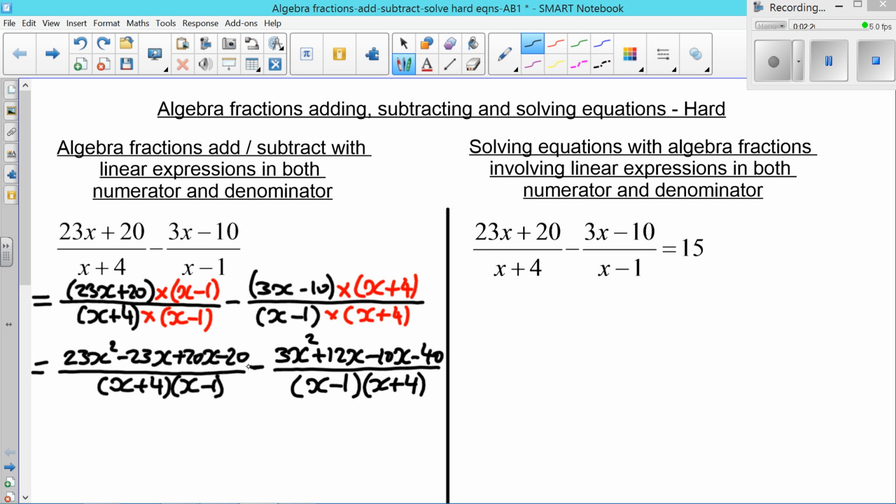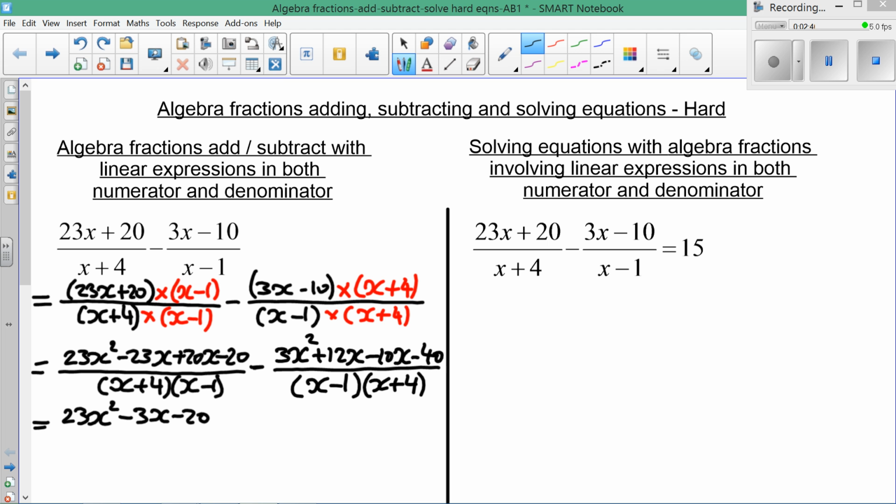Same denominator, I can now subtract the numerators. As I do that, I will collect the terms in each numerator. So equals 23x squared minus 23x plus 20x gives me minus 3x and minus 20.